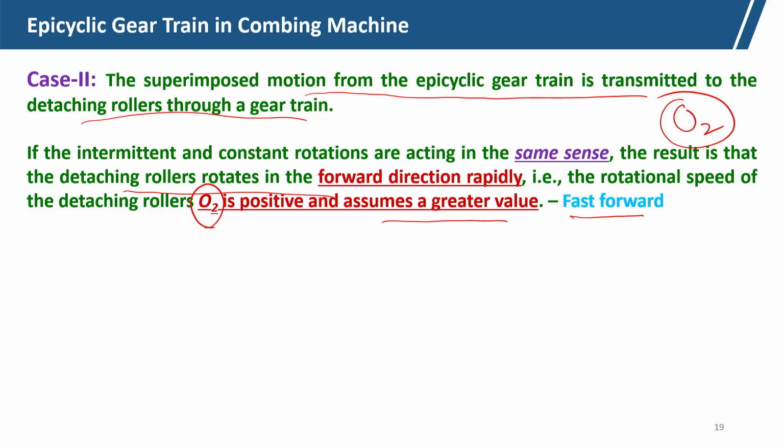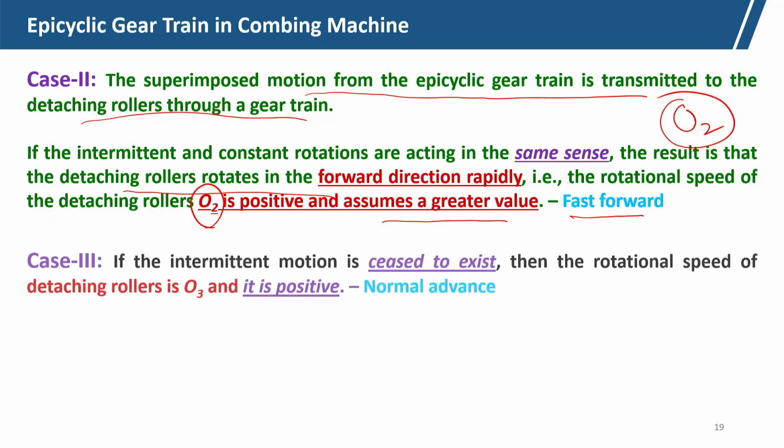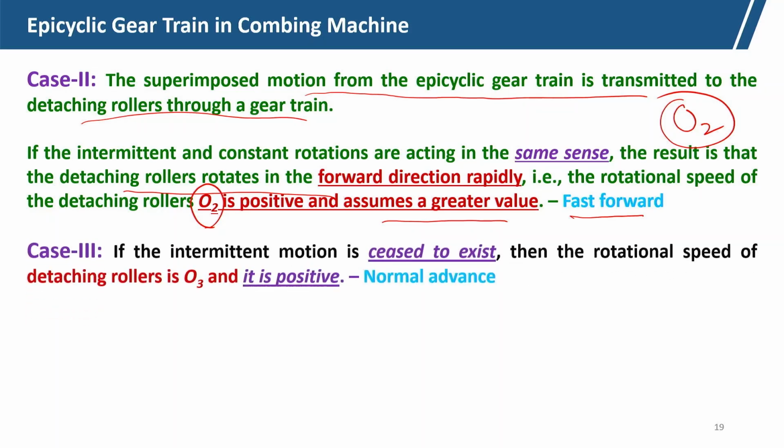And the third one, case 3: the intermittent motion ceases to exist, it will stop. Only the rotational speed of the detaching roller comes from the constant motion, that is O3, and it is positive.